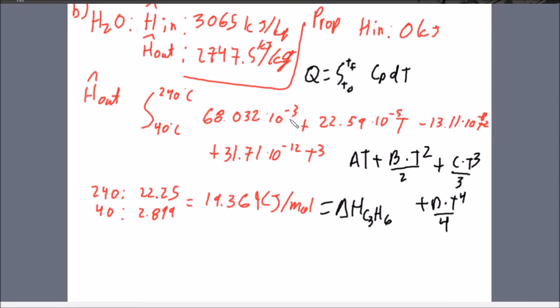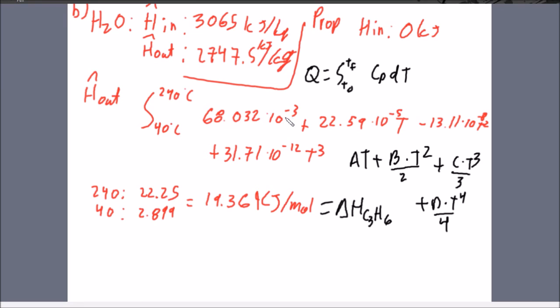Make sure when you integrate that you always divide, do your proper Cal 2, and divide by 2, divide by 3, for the power rule. Now, 22.59 times 10 to the negative 5 is my B constant, and C is negative 13.11. That's the C constant, while 31.71 times 10 to the negative 12 is the D constant.